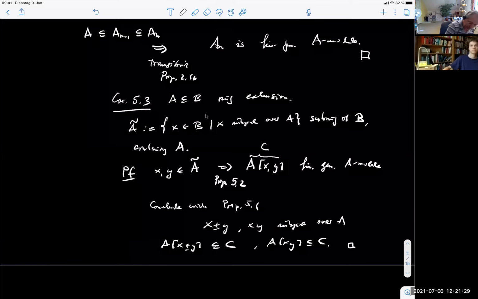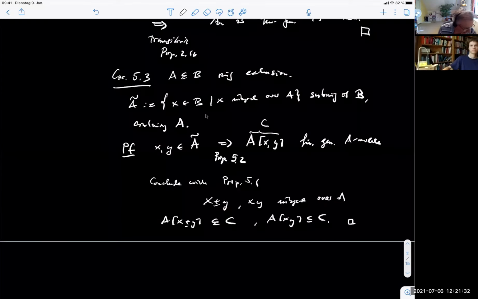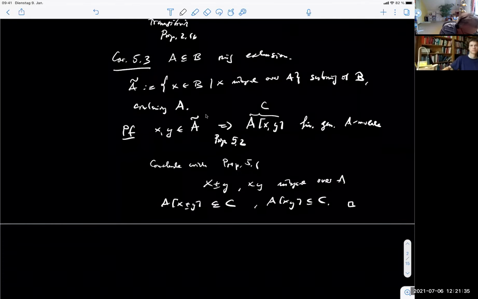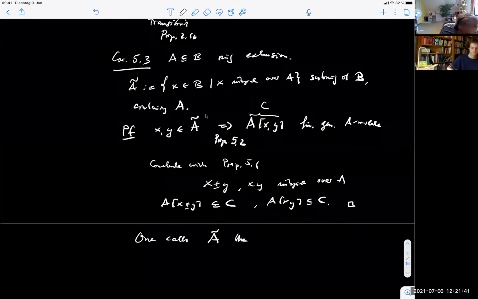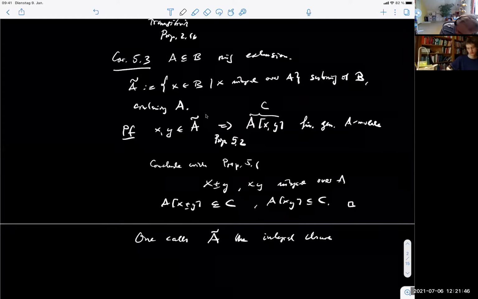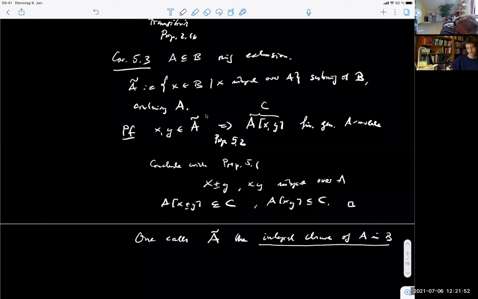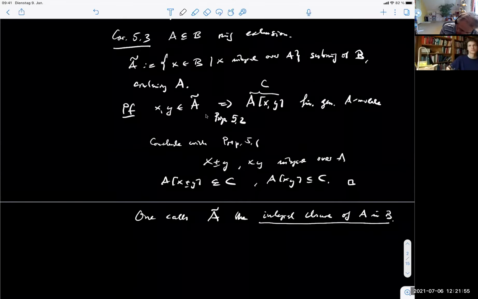Okay, so this A twiddle is a ring, and it has a name. One calls A twiddle the integral closure of A in B. So if you have A twiddle equals A, this means the only integral elements of B are the elements of A themselves.